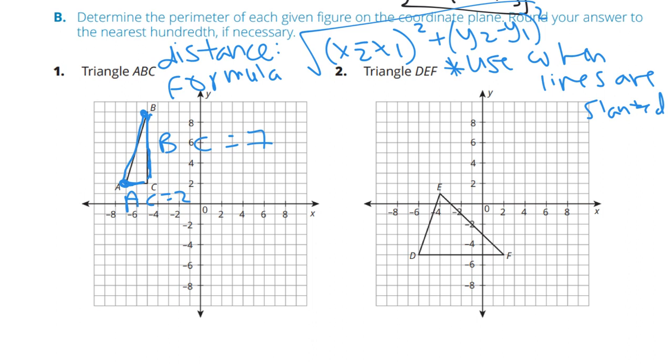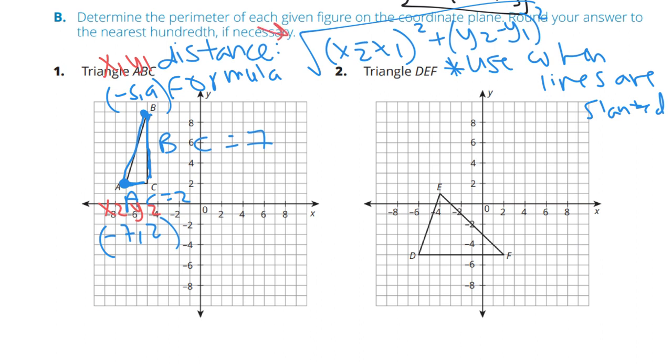All right, so if I found point A and point B is what I'm trying to find, right? So point A is -7, 2, and then point B is, if I go down, -5, 9. So I'm going to label it x1, y1, and I'm going to label this x2, y2, and I'm just going to plug it into this formula right here.